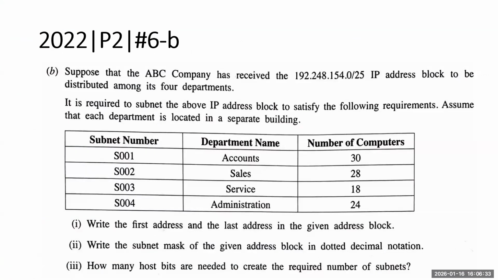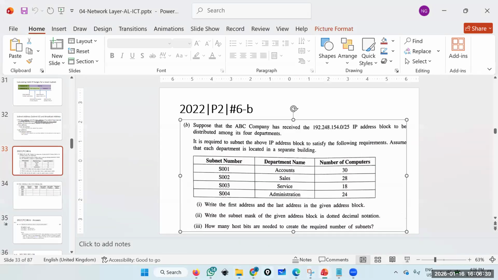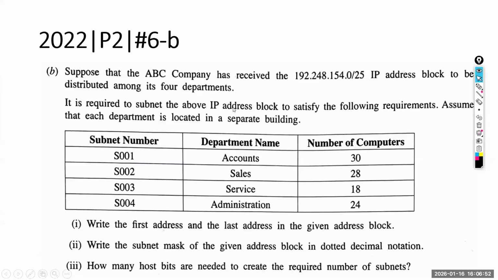Suppose that ABC company has received 192.154.0.25. So /25 means you have 8, 8, 8, that is 24, then one more.